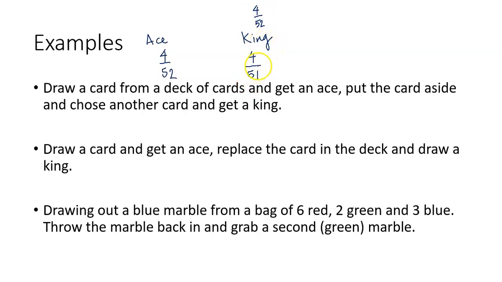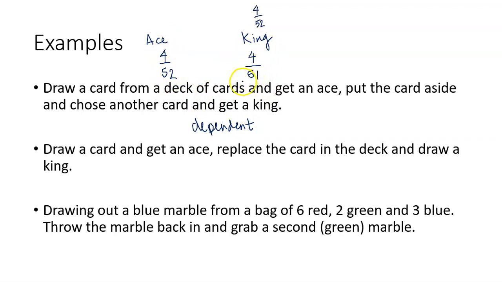So because this probability of getting a king has changed slightly, because now we only have 51 cards in our deck instead of 52, these are going to be dependent events because the probability of the first event occurring affected the probability of the second event occurring.